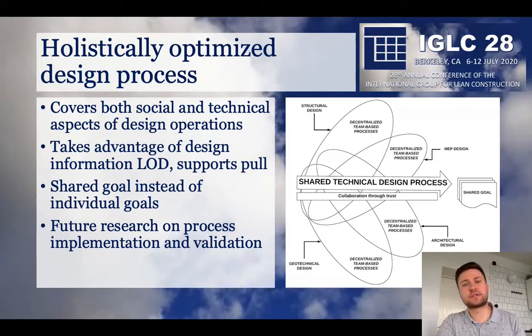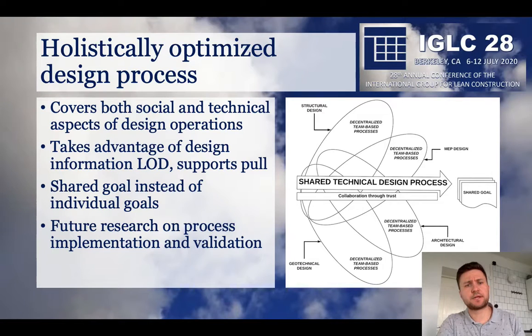So we see that the strength of the model comes from the fact that it takes into account these two different approaches, or actually three different approaches. We took the social and technical process, but we also looked at the team processes combined in the model.